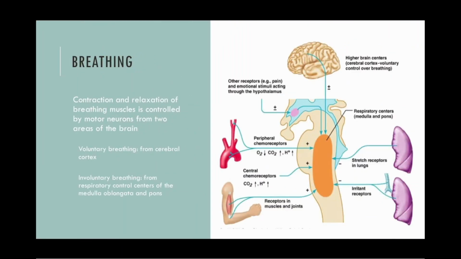Okay. Regulation of breathing. How do we breathe and how do we regulate our breathing? Why does our breathing increase on its own without us thinking about it? And so forth. So there are two areas of the brain that deal with the motor neurons that control our breathing. The first one is our voluntary ones. So you can control your breathing. You guys do your physical exam.